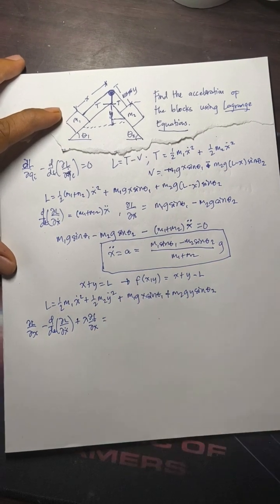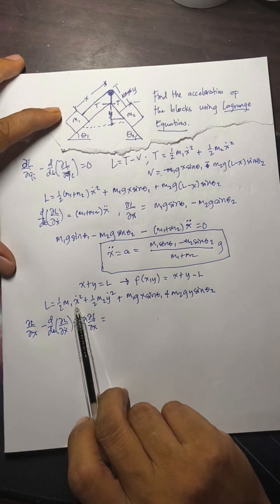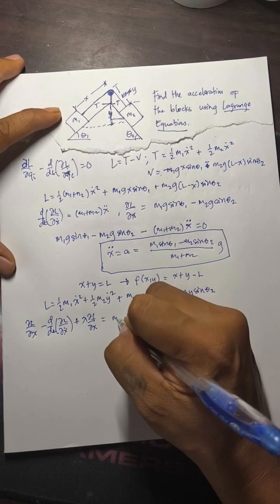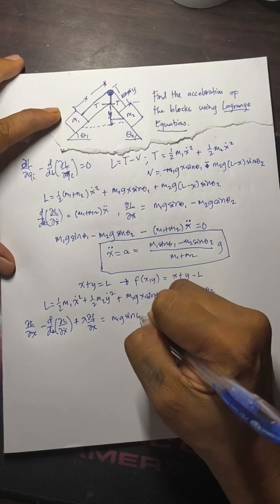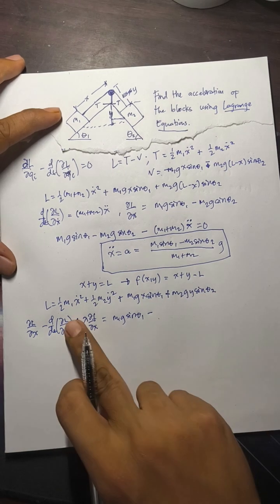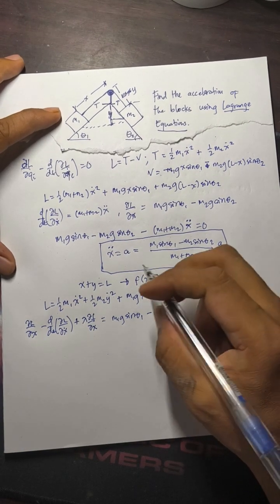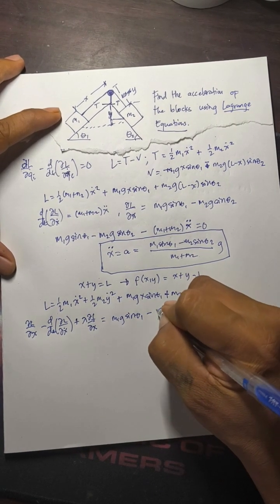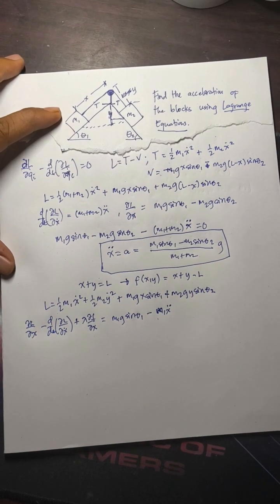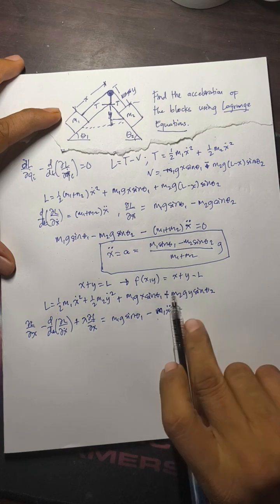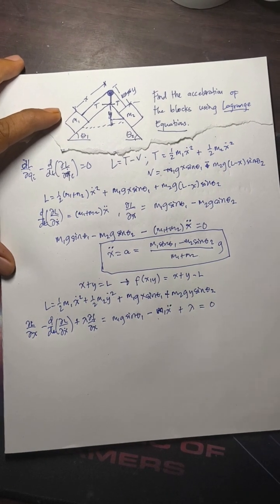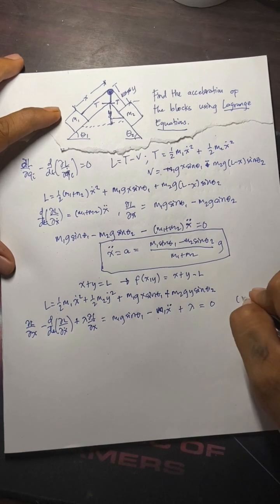And this equation would give us, for partial L over partial x, m1 g sine theta 1, minus m1 x double dot, plus partial f over partial x, which is just 1, so this is plus lambda equals 0. So this is my equation 1.